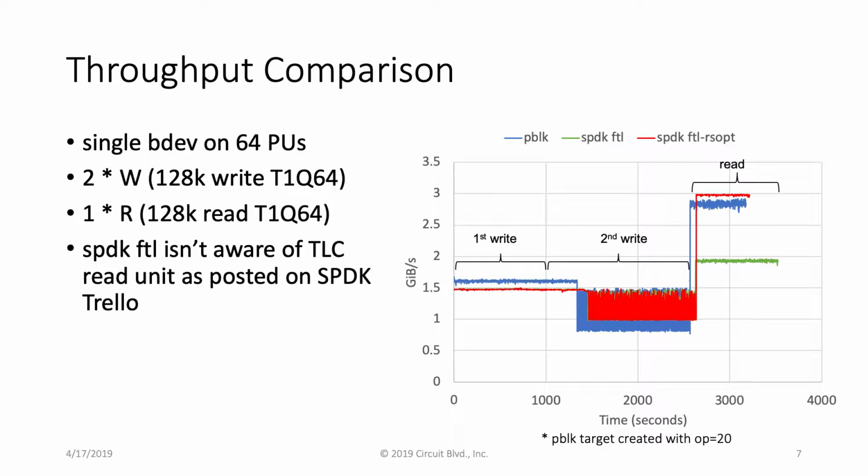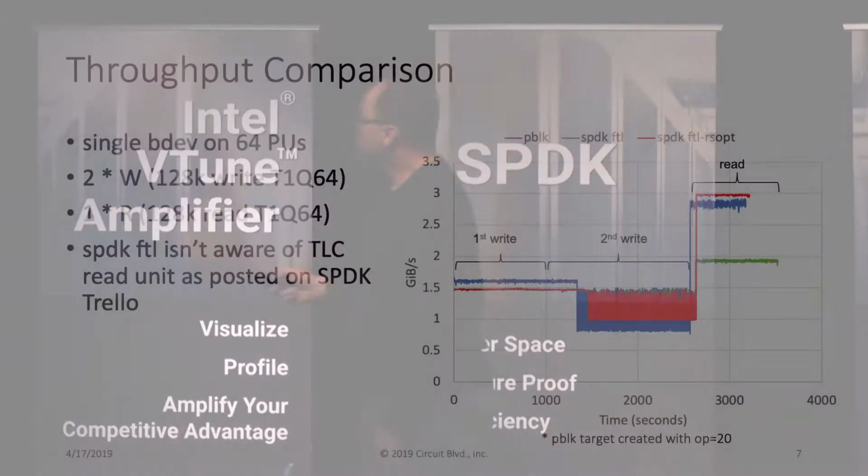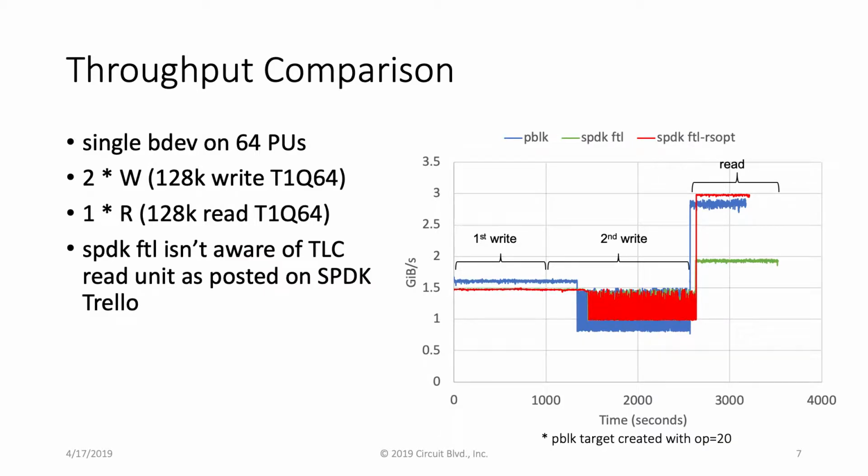And then we followed this with a read so that we could measure the performance for both the pblk and the SPDK solutions. So on the graph, we actually have 3 different graphs shown on the diagram. In the first diagram, with the pblk in blue, you can see that the first write cycle took about 1,000 seconds.